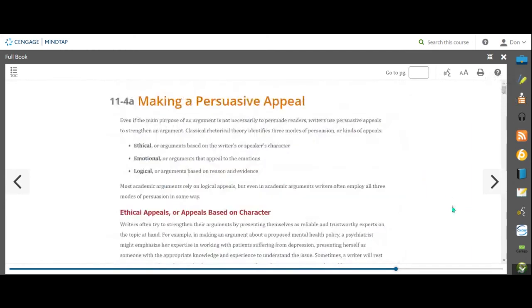So if you go to the full book, and you go to the table of contents, it's in the argument chapter. The segment of the argument chapter is Making a Persuasive Appeal. It's 11-4A.